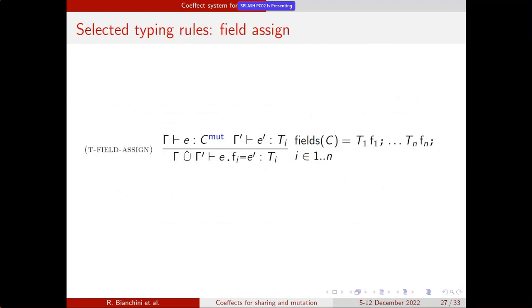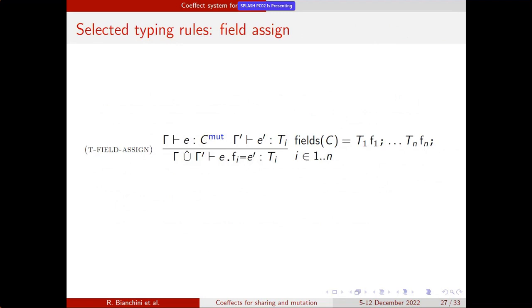We can see a couple of rules of our system to see how it works. The rule that I'm showing here is the field assign. So E.fi = E' is a field assignment operation. And in order to type it, we need to be able to type the receiver into some class C mutable, because we are doing a field update.